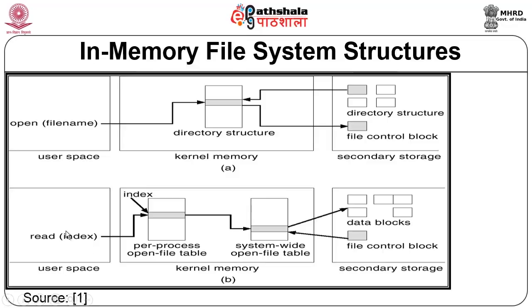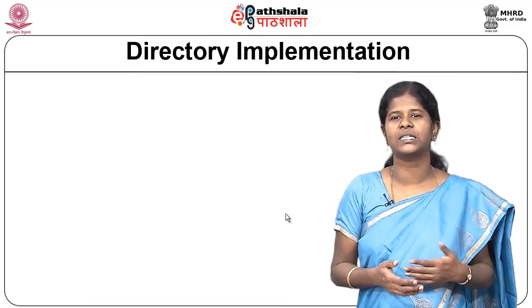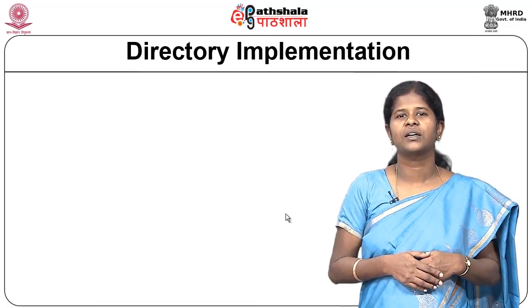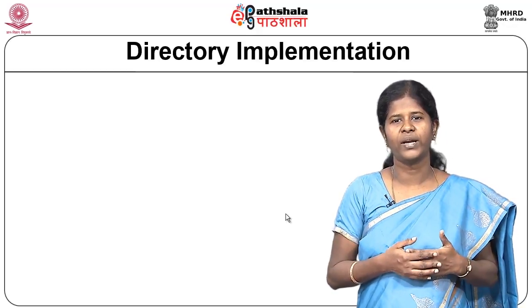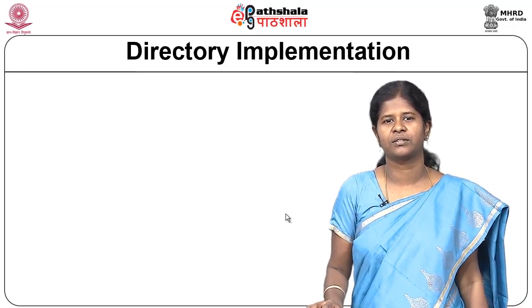This index is actually a return of this open call. That index is used to access the per-process open file table entry. From there you follow the pointer to the system-wide open file table entry, and from there you can access the FCB, and the FCB will have details about the addresses of the disk blocks which contain the data in the disk. So, now having seen these in-memory structures, we will look at how directories can be implemented.